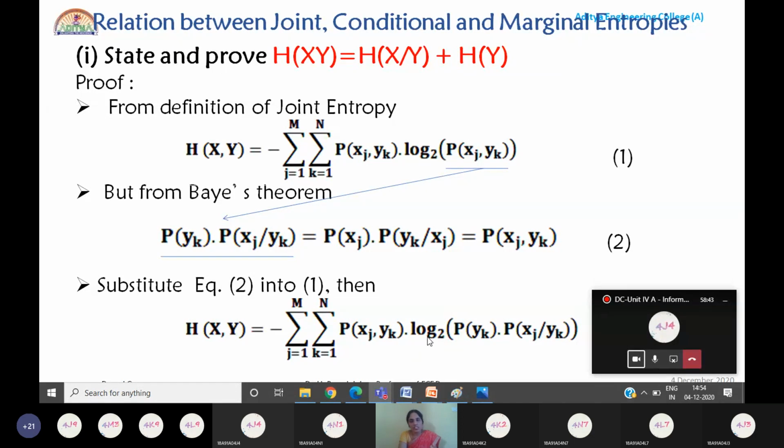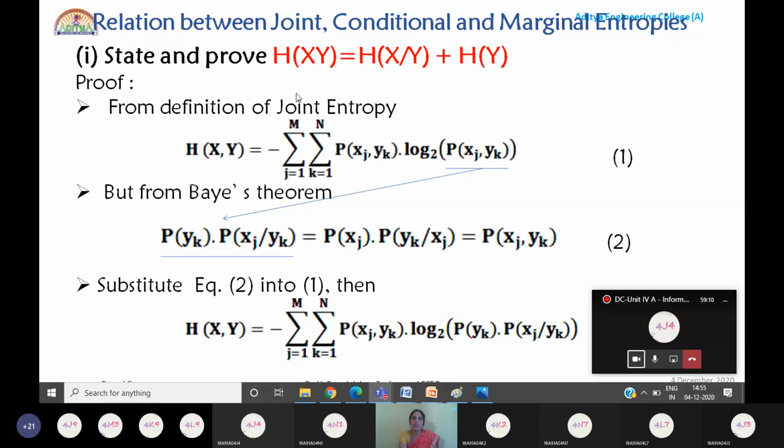Okay, good. Now this is in the form of log of ab. So how can we replace log ab? Log a plus log b. So log of a into b, you can write it as log a plus log b. So please split the logarithm, split the term using the logarithm function.